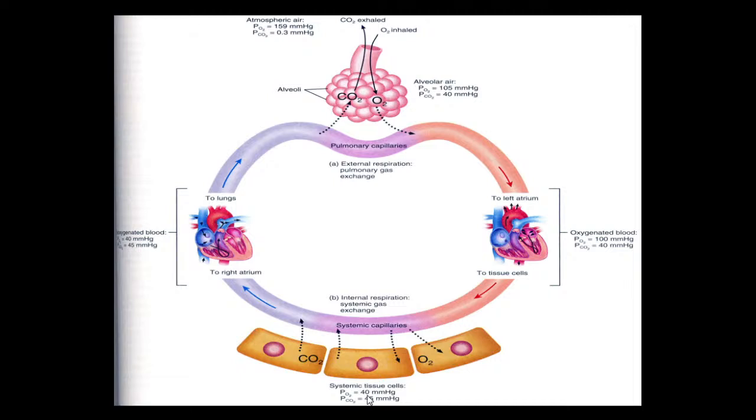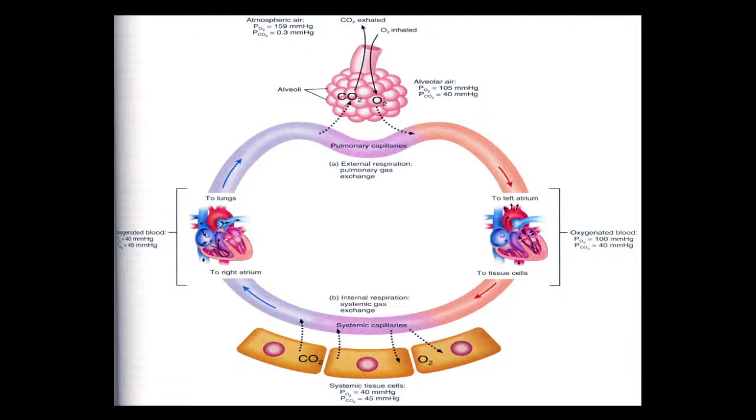For oxygen, it's 40 millimeters of mercury in blood, and for carbon dioxide, 45 millimeters, and in cells, partial tension for oxygen achieved 0, because oxygen is included in metabolism in cells, and we almost cannot find free oxygen in cells.